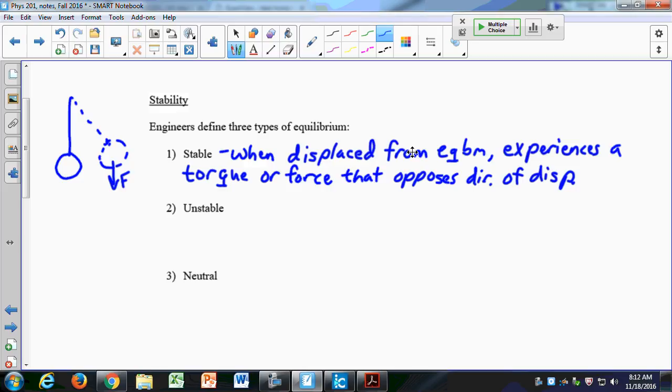Unstable: when displaced, the force or torque is in the same direction as the displacement.